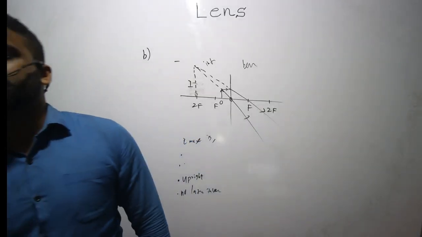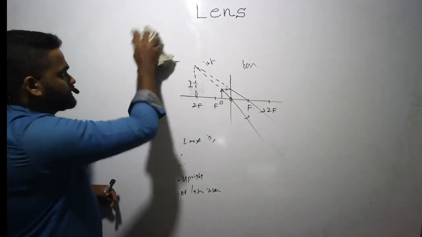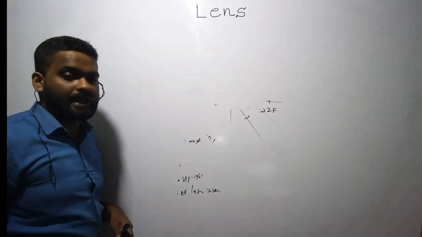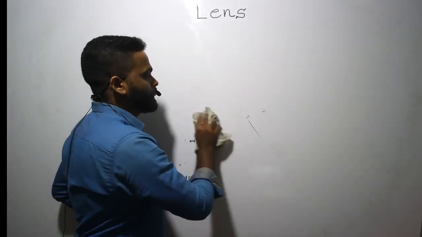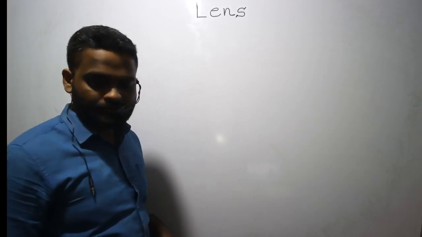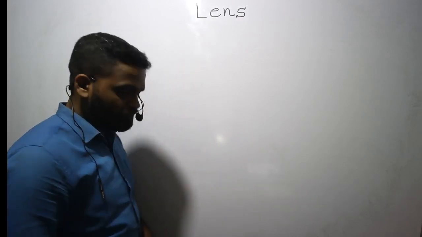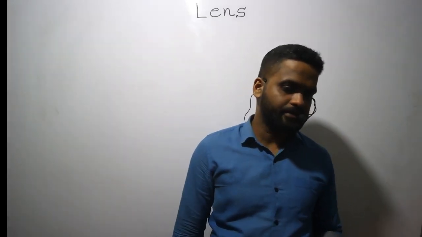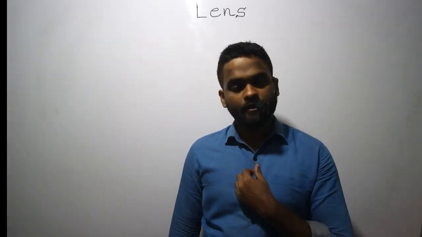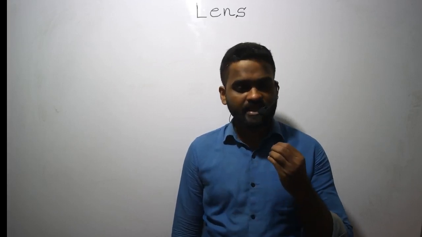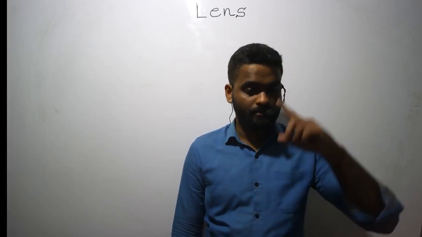Then there's third type of ray diagrams. Write down simple C. So that type is concave, right? Concave type. Write down simple C. Forming virtual images using a concave lens.